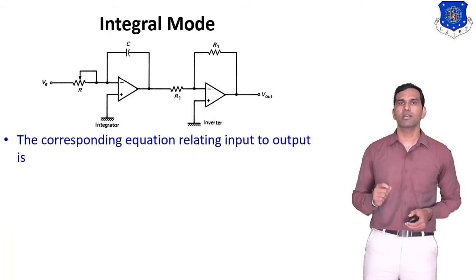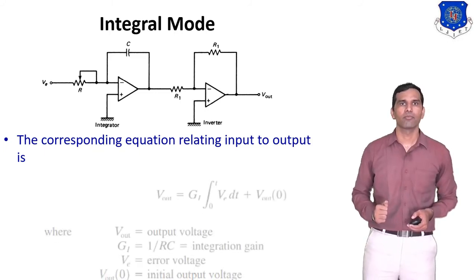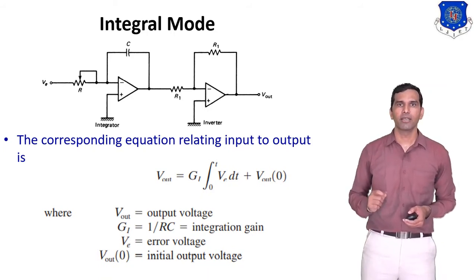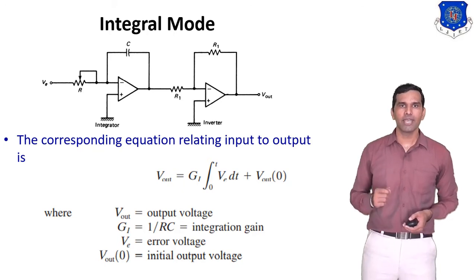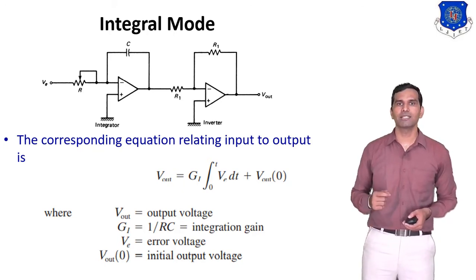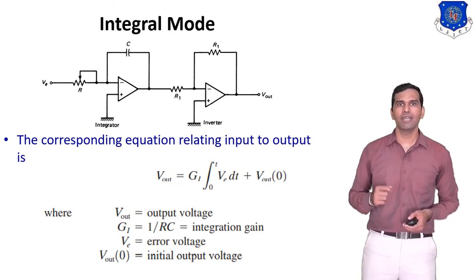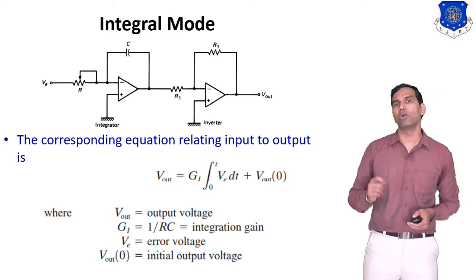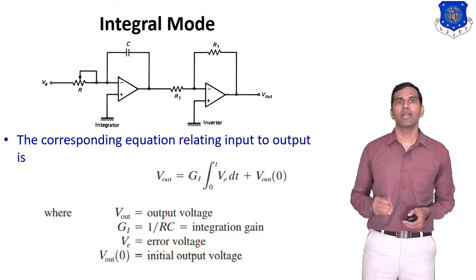The corresponding equation relating input and output is given by Vout = Gi ∫ from 0 to t of Ve dt + Vout0. Here Vout indicates the output voltage, Gi = 1/RC is known as the integration gain, Ve indicates the error voltage, and Vout0 indicates the initial output voltage. So this is the equation for the integral mode.